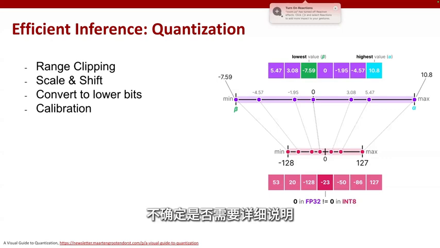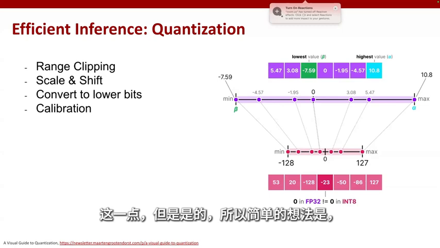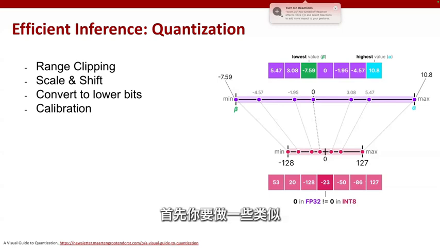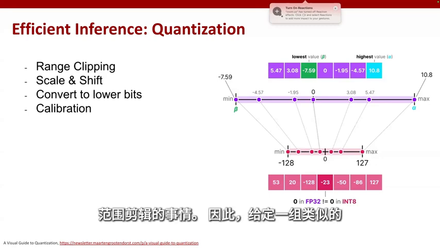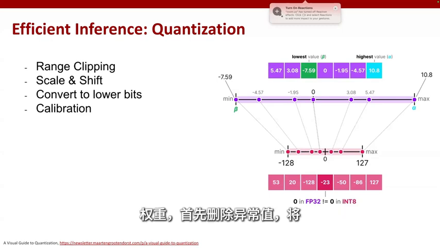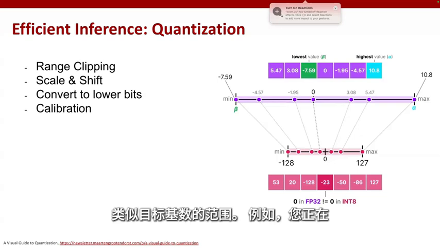I'm not sure if I need to go into detail about this, but the essential idea is that first you do some kind of range clipping. Given a set of weights, you first remove the outliers, clipping them to a given range, and then you scale the weights to the range of the target bits.